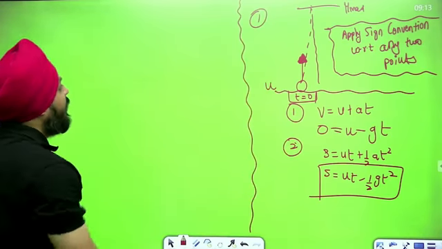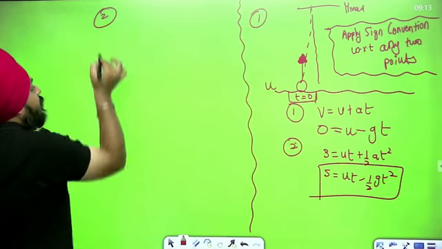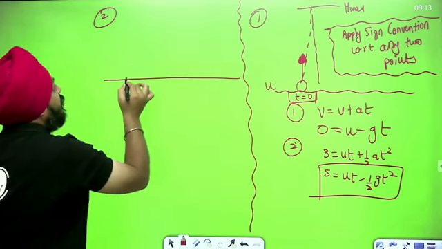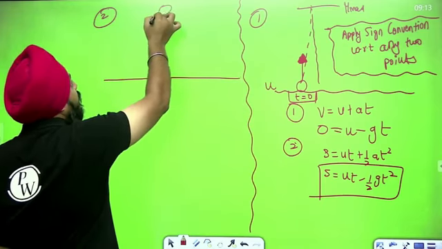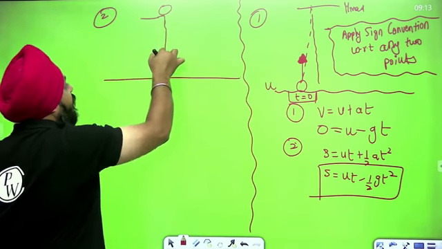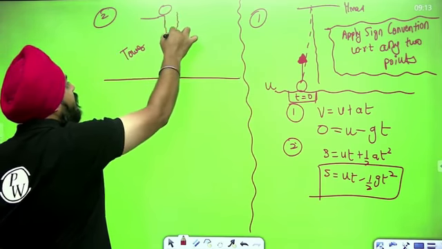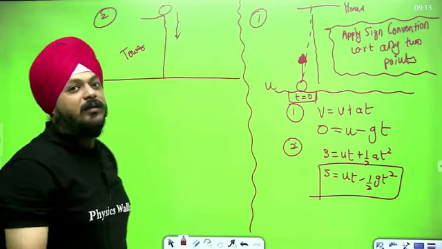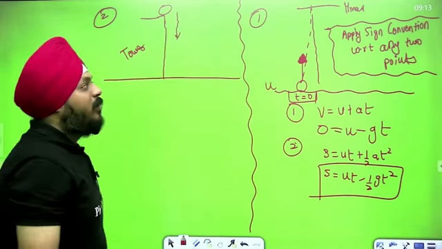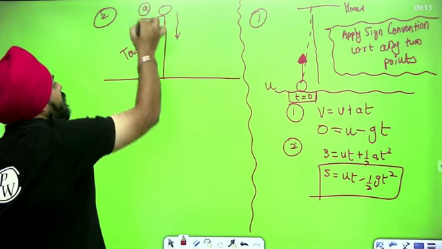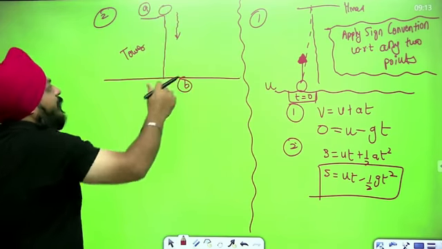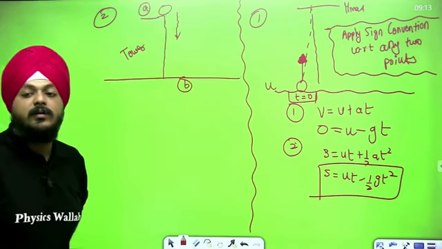Now suppose I am taking the second case: from a cliff, from a tower, an object is released. So this will be the first point, this will be the second point. Between A and B we are going to apply the sign conventions.